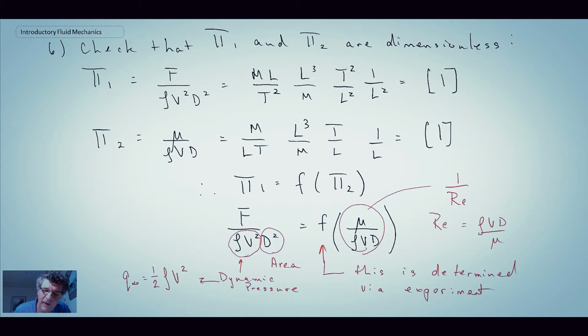So what we're seeing on the left-hand side is something with our drag force divided by Q infinity times some area. And that then is eventually moving in the direction of what we would call a drag coefficient. So we could say CD is proportional to this. There's actually a factor of 1/2 that is missing from this form of the equation.